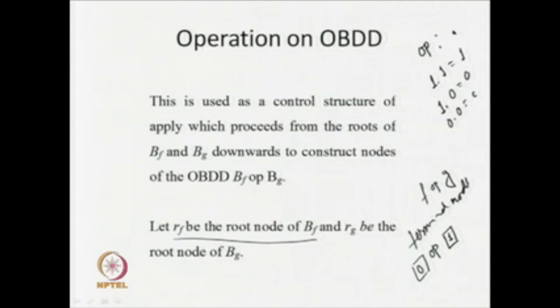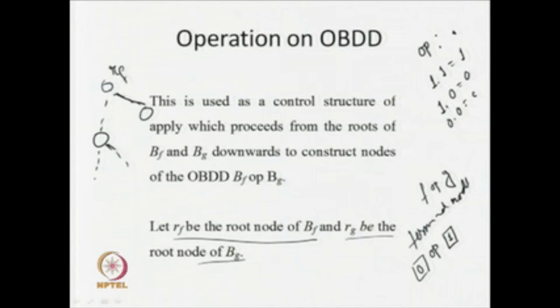Now, just see that we are going to do it recursively. Let RF be the root node of our BDD BF and RG be the root node of BDD BG. That means this is my root node RF and we have the BDD something like that.